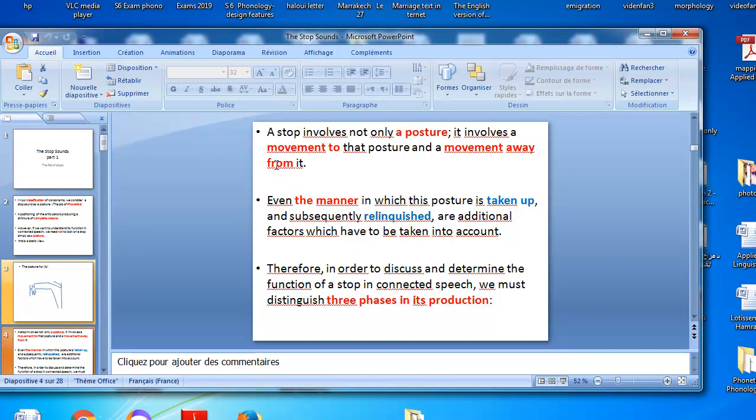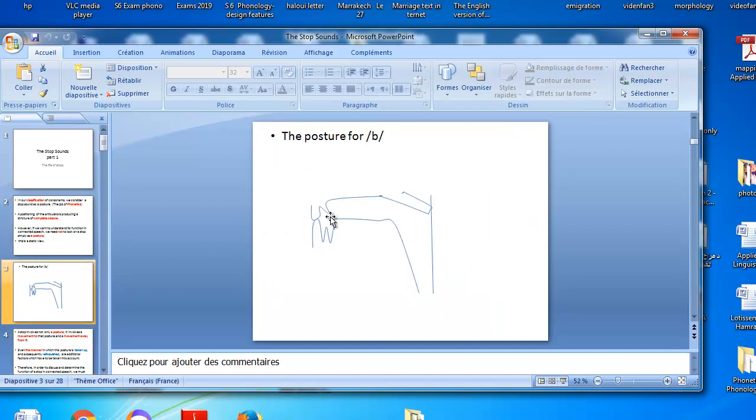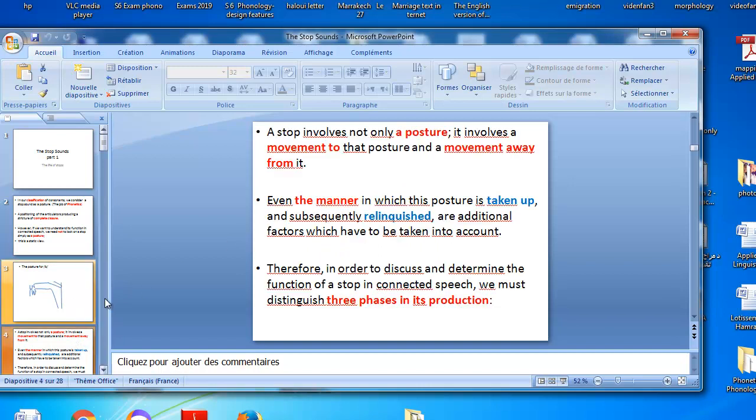Now, a stop involves not only a posture, this posture here, this way of representing the pronunciation of B, but it involves a movement to that posture and a movement away from it.